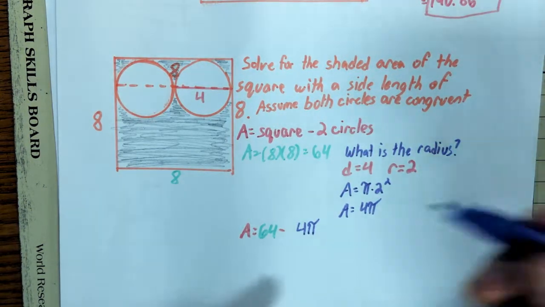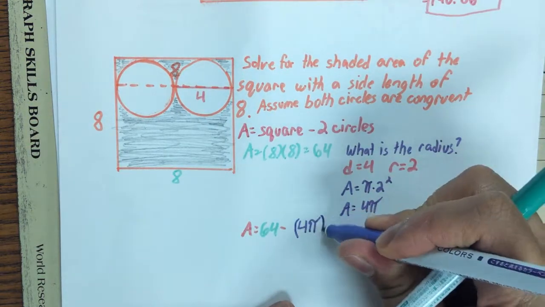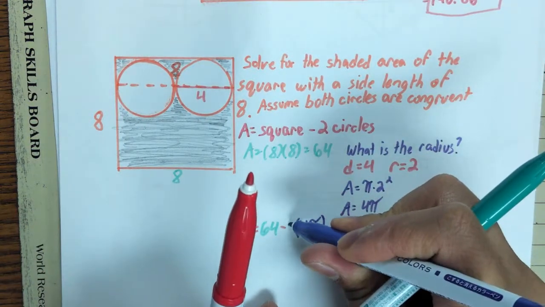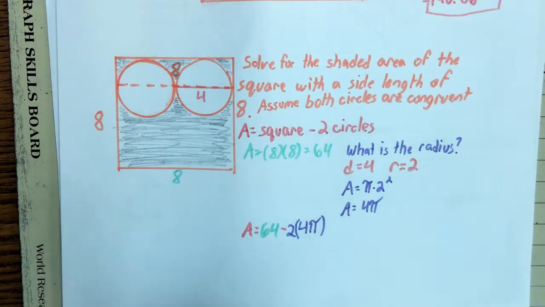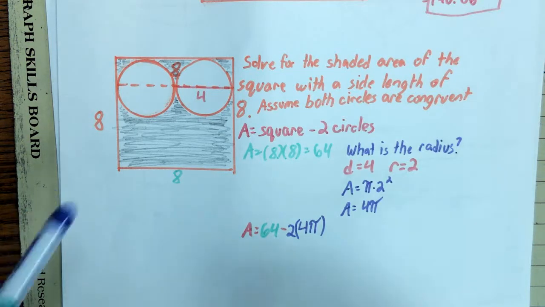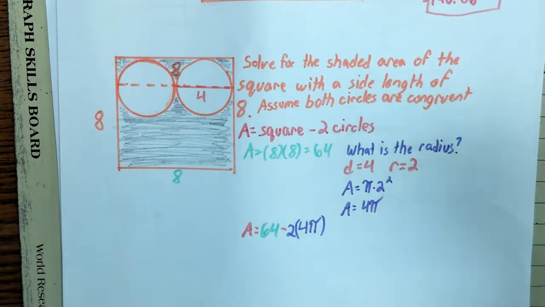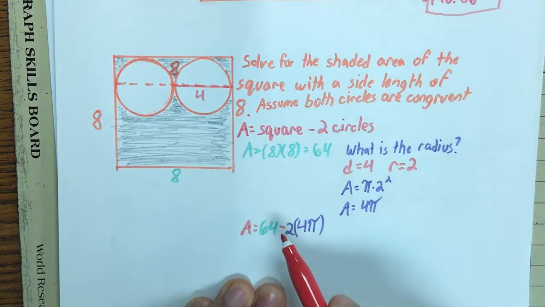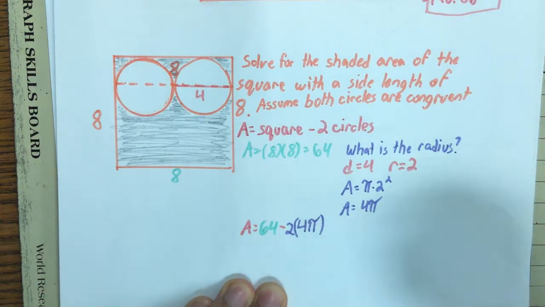But also keep in mind that we have 2 circles. So we have the square minus 2 circles.